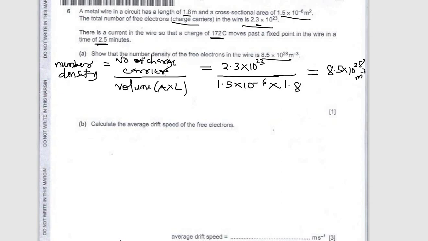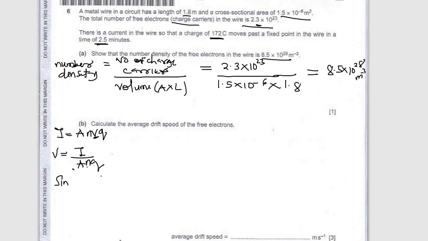The next one, calculate the average drift speed of the free electron. Recall that I equals A n v q, where v is the average drift speed, so v is I over A n q. We have area, we have number density n, and we have charge 1.6 times 10 to the power minus 19. But we don't have current.